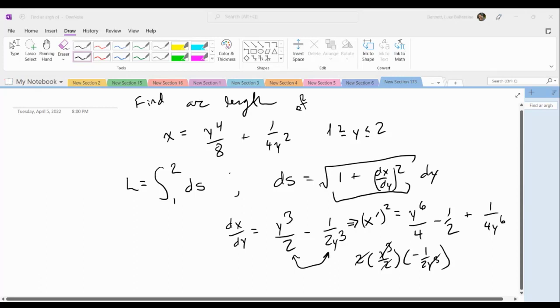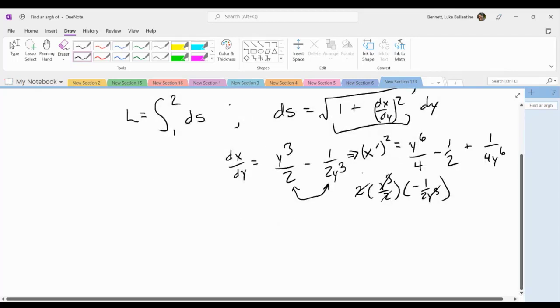So this is (dx/dy) squared. Then we just need to add 1 to this. So 1 plus x prime squared is going to be, well, we have a negative 1 half, so we just add 1 to negative 1 half.